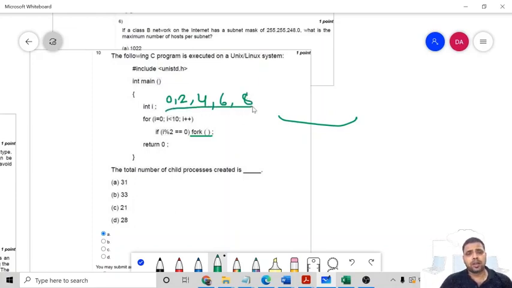So we have called it 5 times. So the total number of child processes created is 2 to the power of the fork count, minus 1, which is 2 to the power 5 minus 1. So the total number of child processes is 31. So the correct option is 31. Okay.